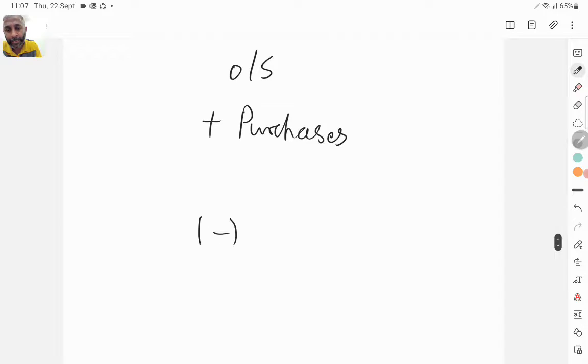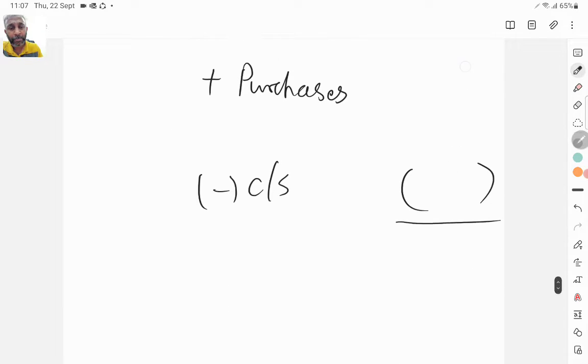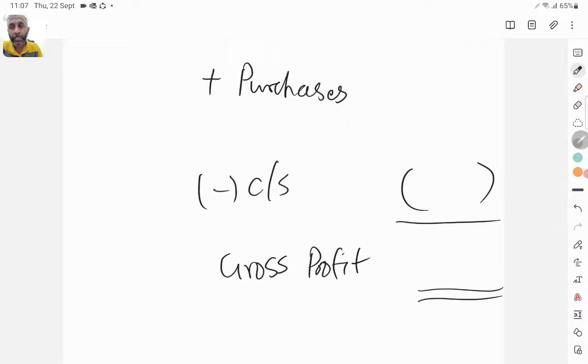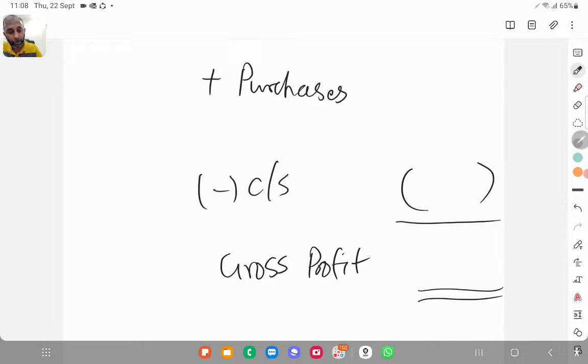Then we subtract the closing stock, which gives us the cost of sales, and if we subtract that from the sales, we will then have the gross profit. This is the normal structure in calculating gross profit for any retail business, any business for that matter. So let's work it out. We'll go back to the question again.